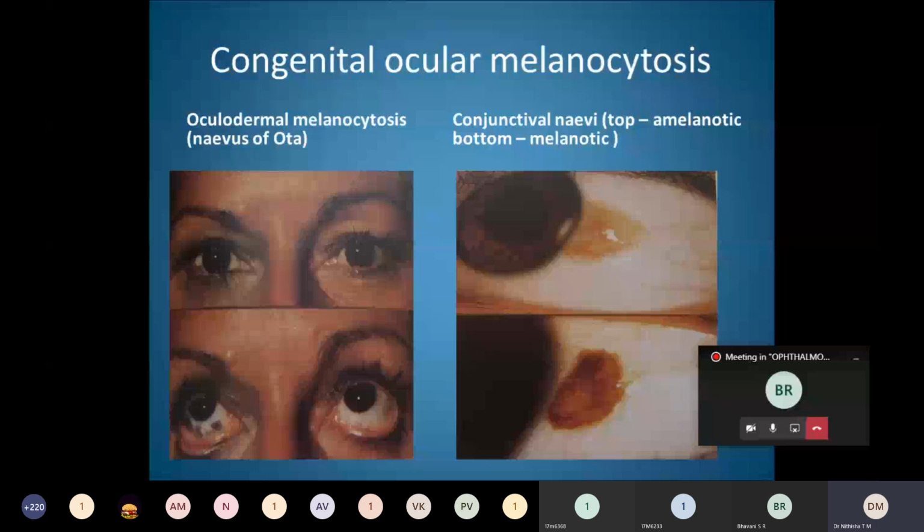If it is increasing in size, abnormally growing, has thick pigmentation, or is irregular in size, these are signs of malignancy. And if it is increasing, then you can do IDO and see the fundus to check whether there is any melanoma growing in your posterior segment.